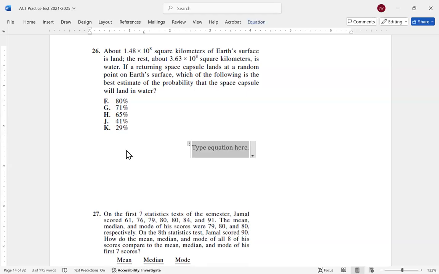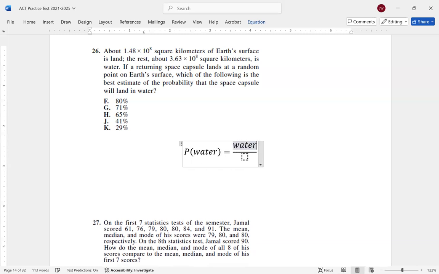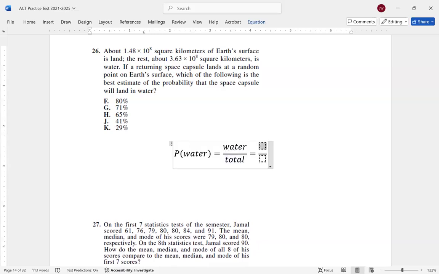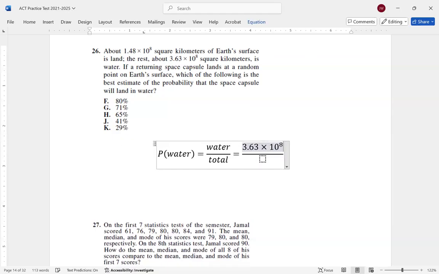So basically, we need to find the probability of landing in water. And what we would do is we would do the total area of water divided by the total overall area. So in this case, the amount of water is 3.63 times 10 to the 8th.